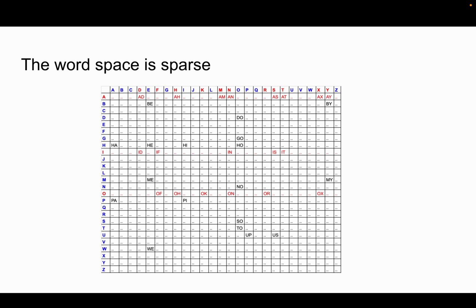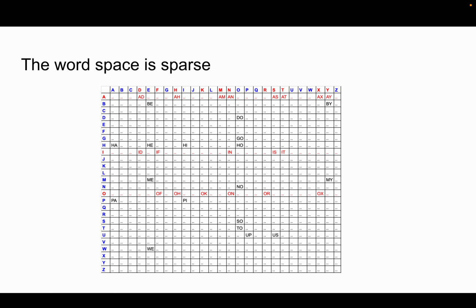You can visualize this by looking at a grid of symbols in any language. Here we have English, and we have words that are 2 letters long. And as you can see, most of the grid is empty. There are no words because combinations like FG, RK, etc. are not words.